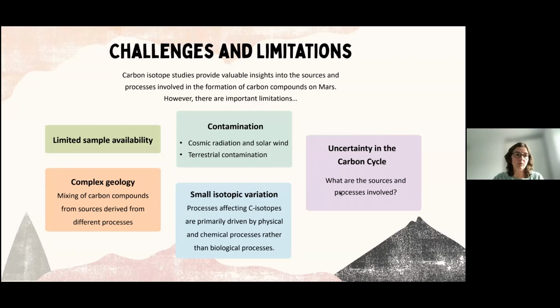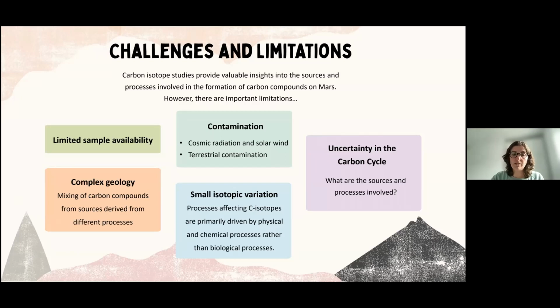Ideally, we should be able to characterize all the sources independently, so that if we get a sample with different sources, we can discriminate between the different origins of this carbon.